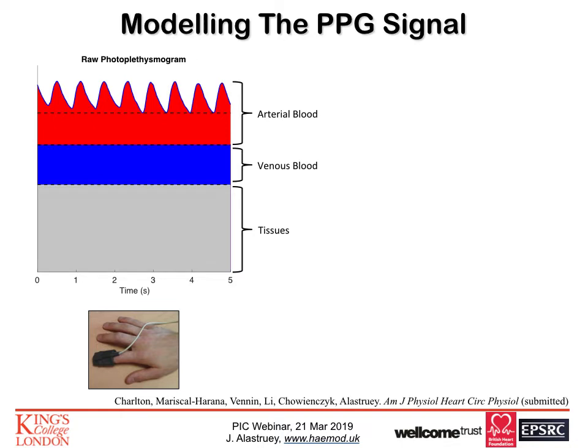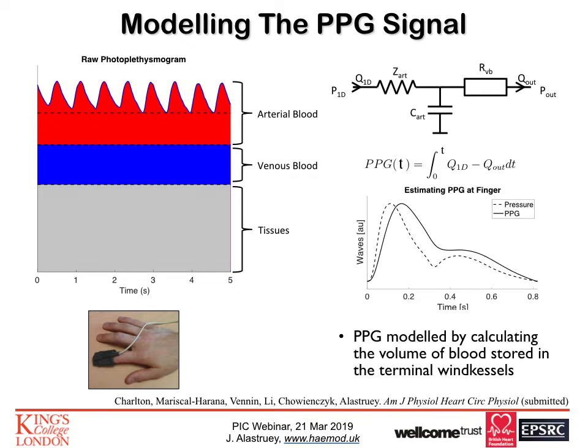The attenuation of light due to the non-pulsatile venous blood and other tissue components is relatively static, so that the pulsatility of the PPG signal can be assumed to be entirely due to arterial blood flow. In this study, the PPG was modeled by calculating the volume of blood stored in the terminal vessels as a function of time.